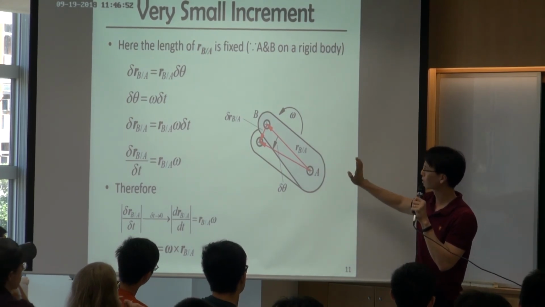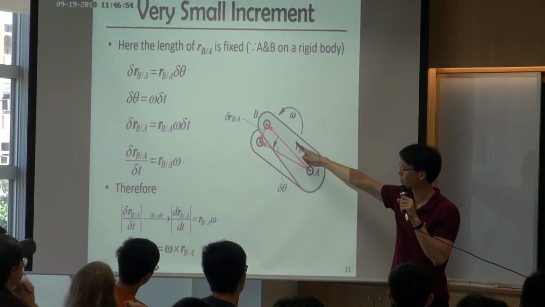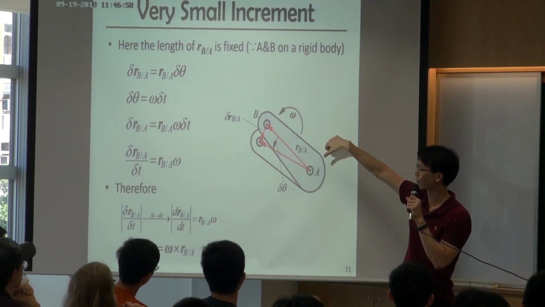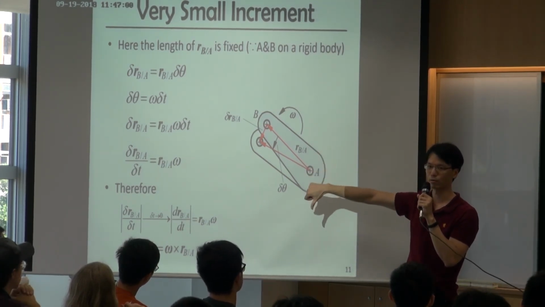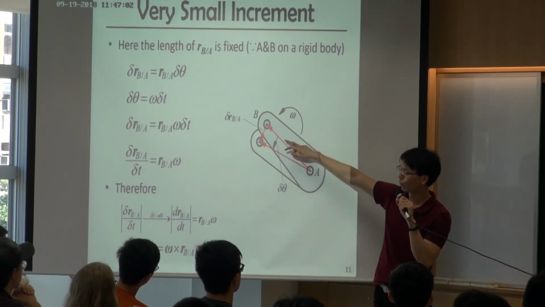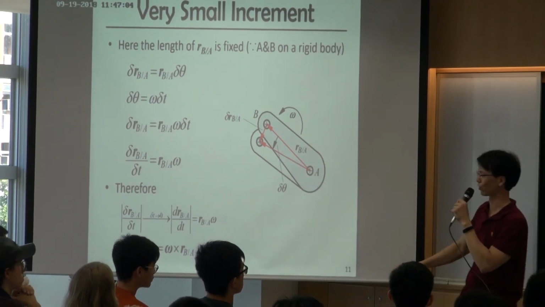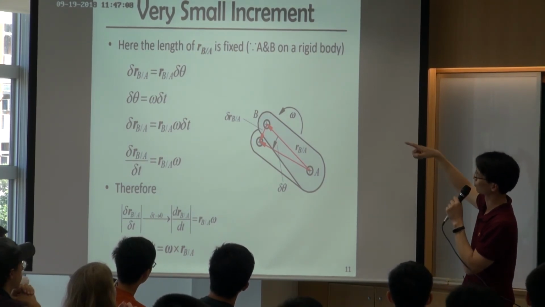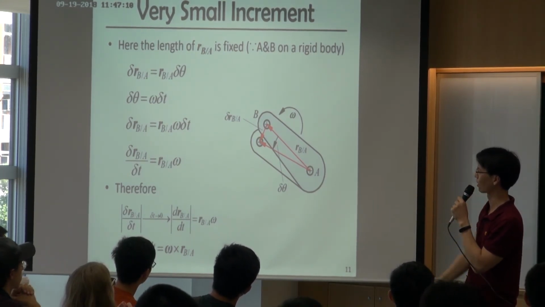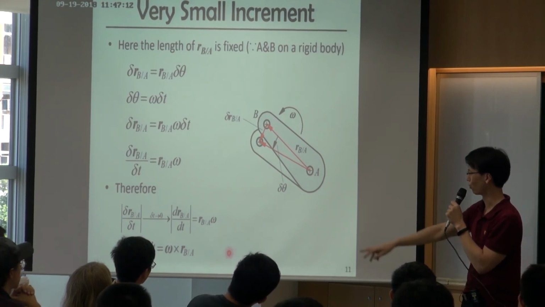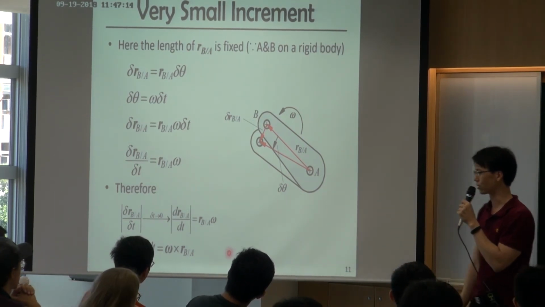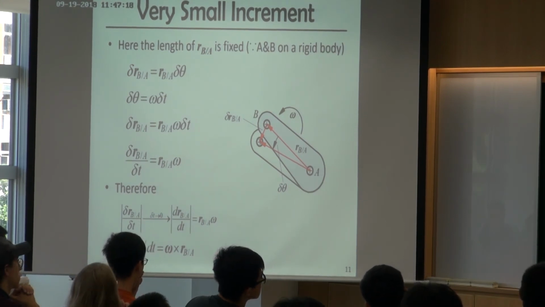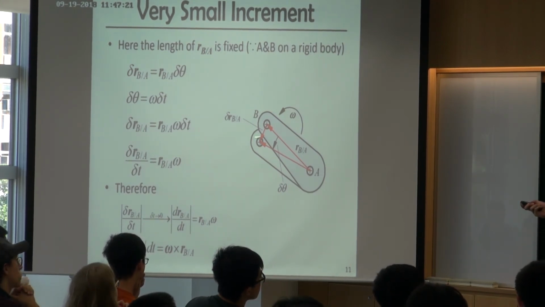So omega cross R is this one cross this one. If you do the cross product, it points this way, to the lower left. We use a vector representation to help indicate the direction of this new vector.